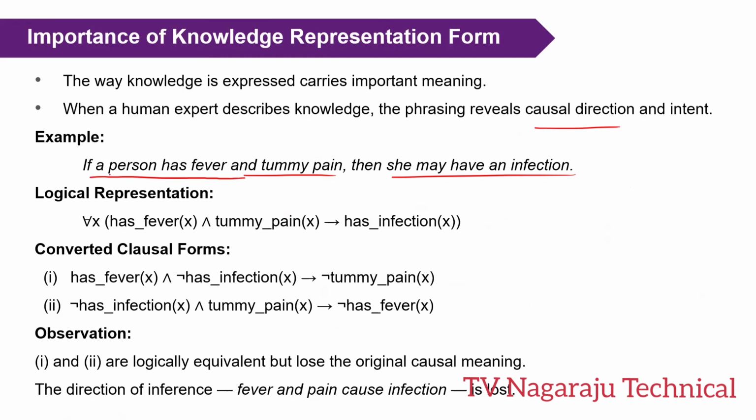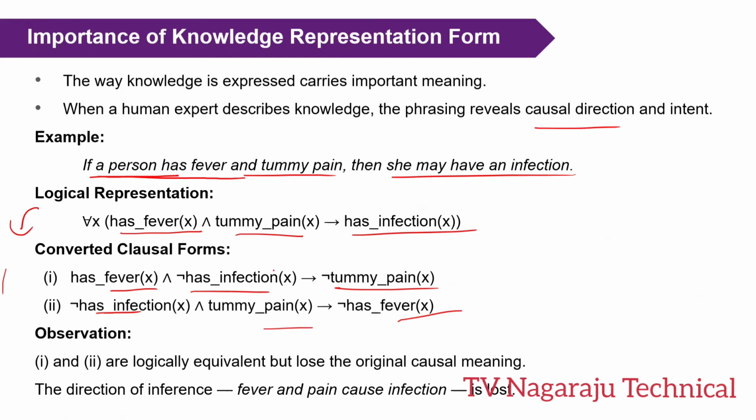This is how we represent it logically: if a person has a fever and tummy pain, then we give the conclusion that the person has an infection. We can convert it into other forms also: if the person has no infection, then there is no fever or no tummy pain. Even though the two statements are logically equivalent, they lose their original direction.